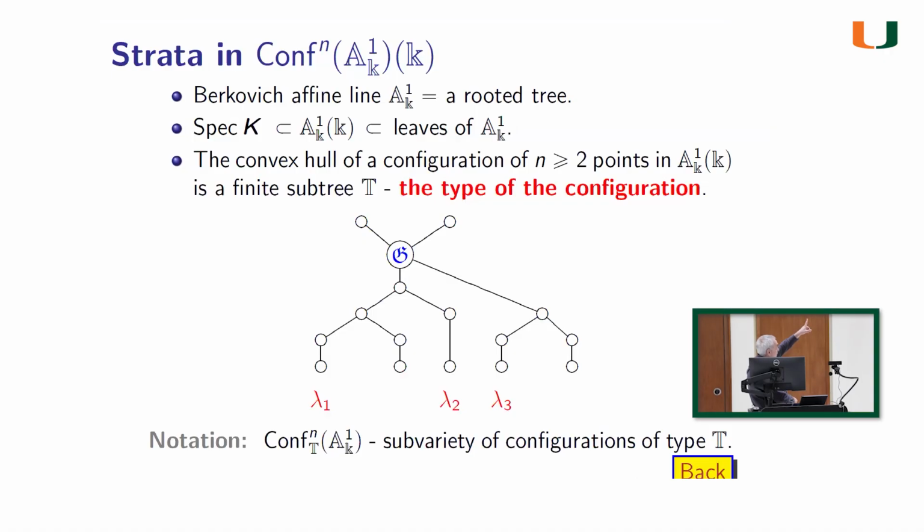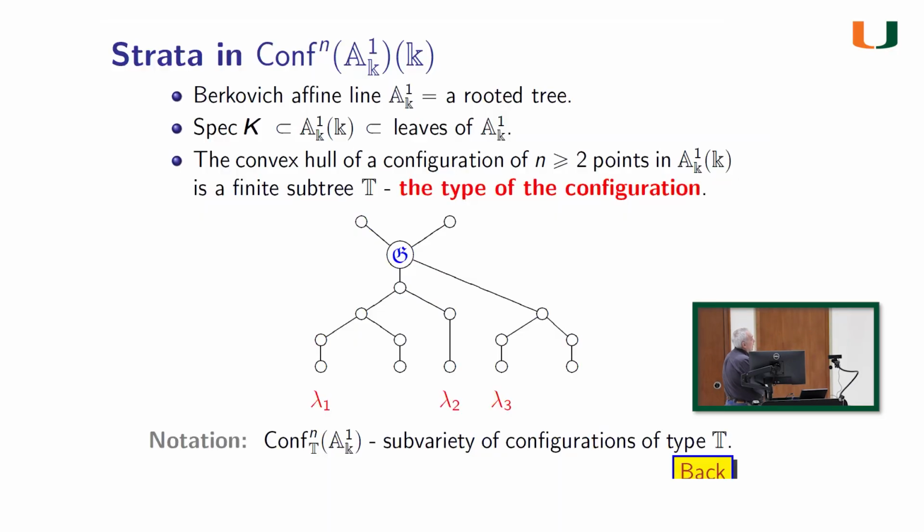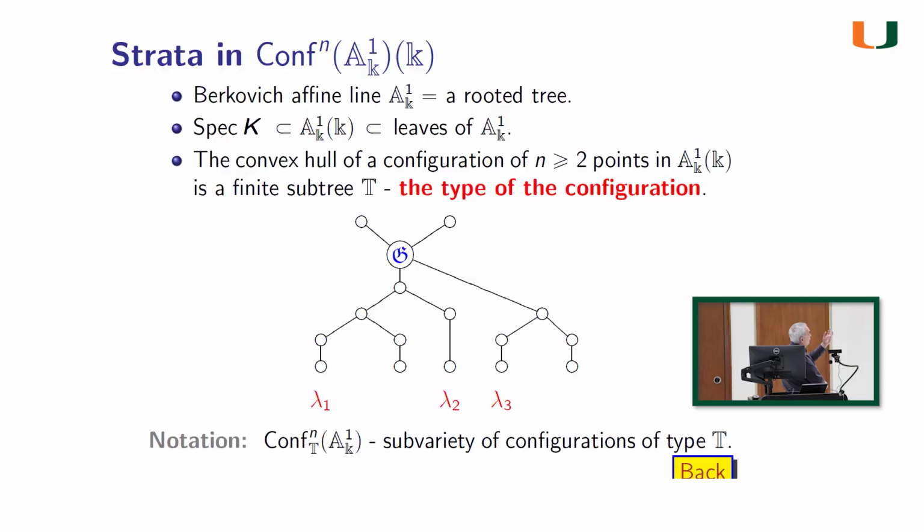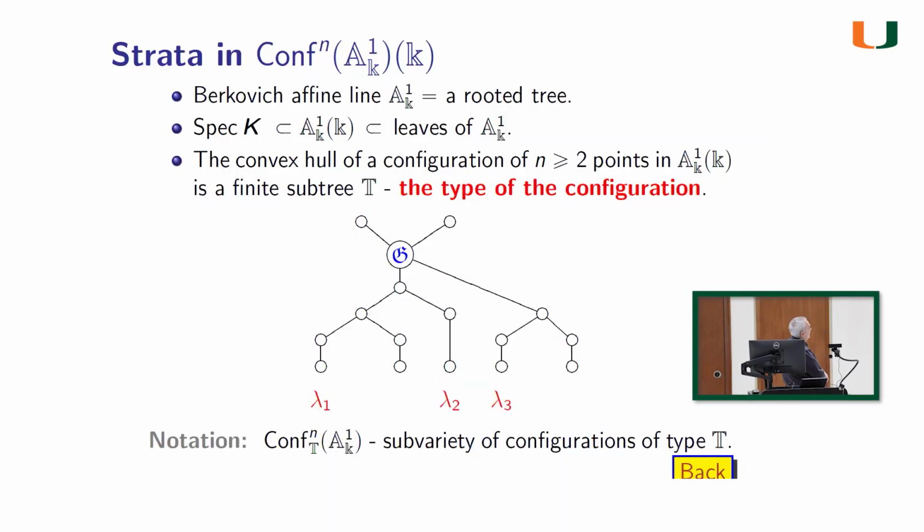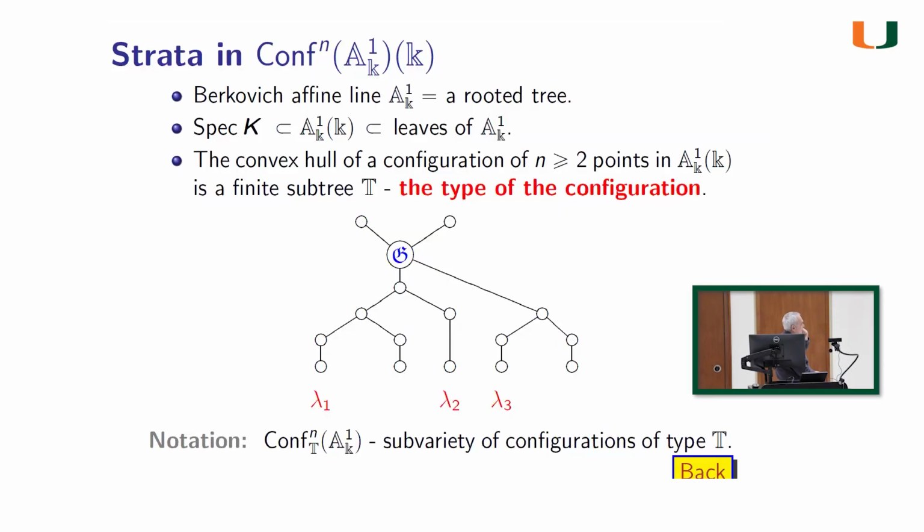You have this rooted tree where the root is G, the Gauss point. Lambda 1, lambda 2, and lambda 3 are certain leaves. And you look at all the configurations of leaves, which are eigenvalues, such that their convex hull is a given finite tree.